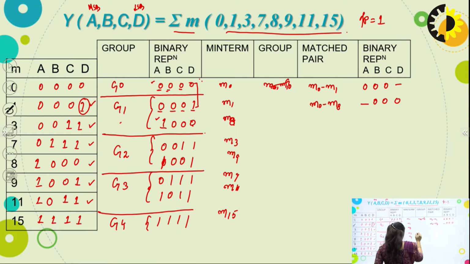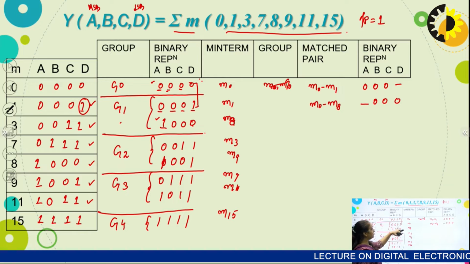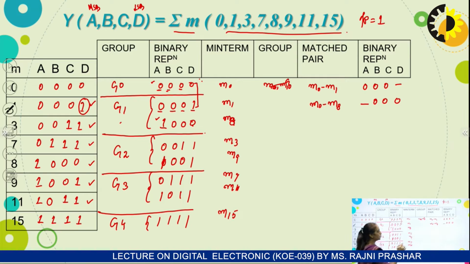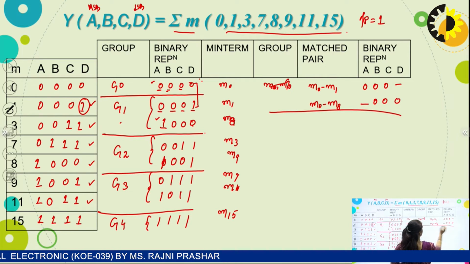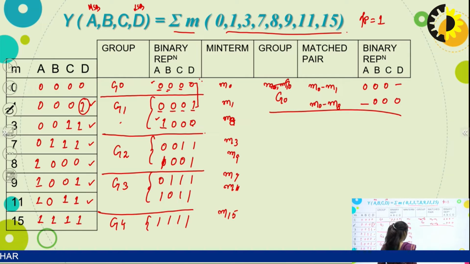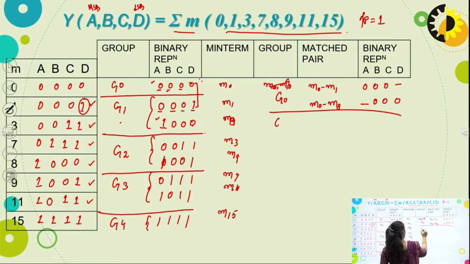Okay. Next, all the min terms of group 0 and group 1 are compared. So group 0 is done, right? Next, for group 1, I am going to compare group 1 with the min terms of group 2.